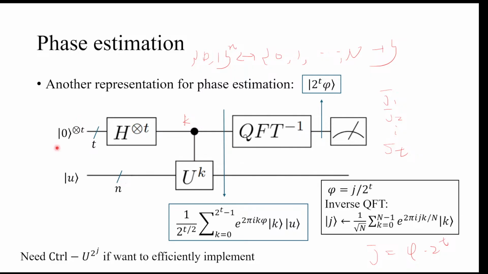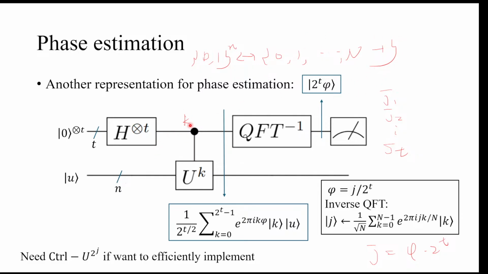So here we have a t-bit string. It's actually this thing here, but instead of a small n, I should say small t. We map this t-bit string to some number from 0 to 2 to the t minus 1.